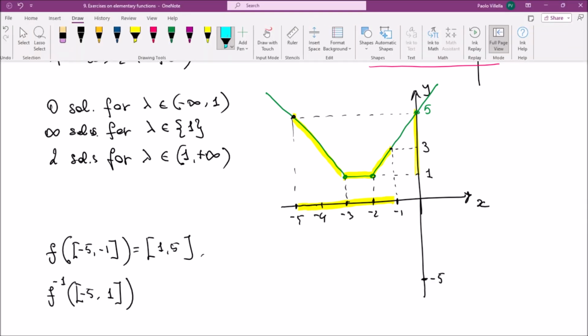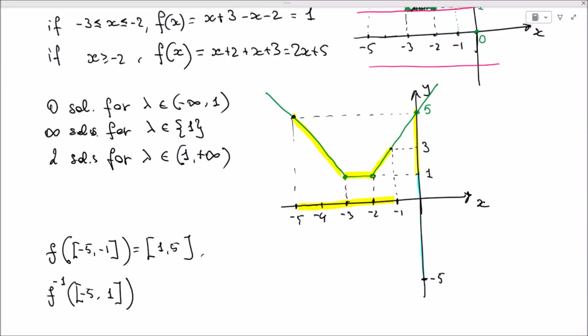So this time we need to start from the y-axis, and this is the interval that we are considering, and we need to go to the graph that corresponds to this interval. But the only part of the graph that corresponds to this is the one that corresponds to 1, and projecting this on the x-axis gives us the interval [-3, -2]. Okay, good.